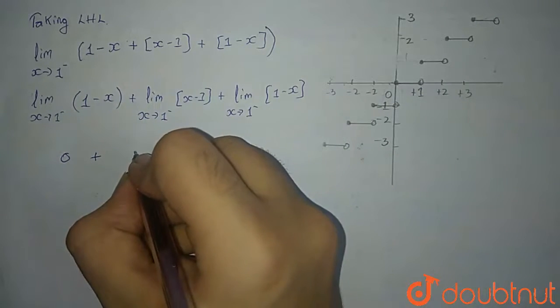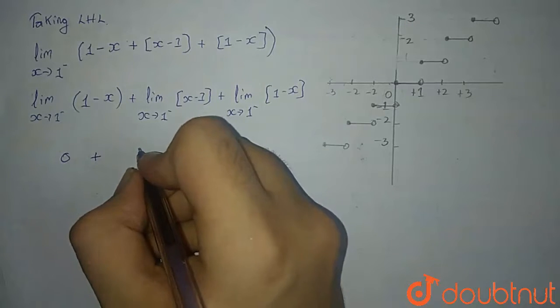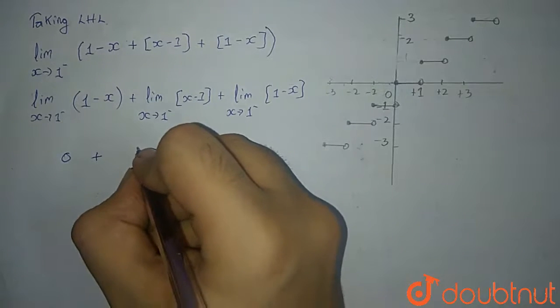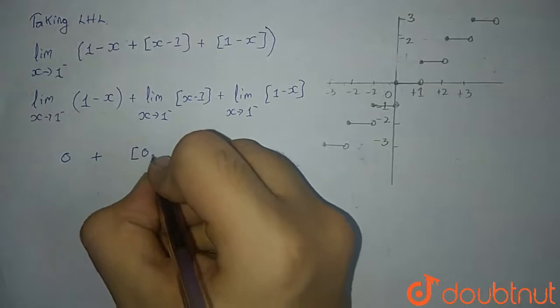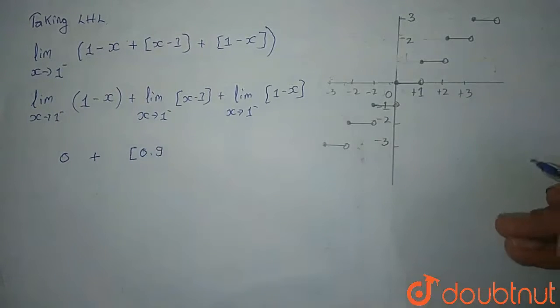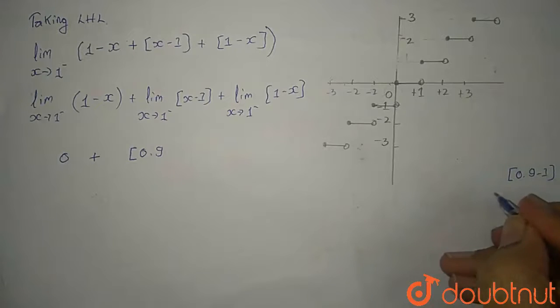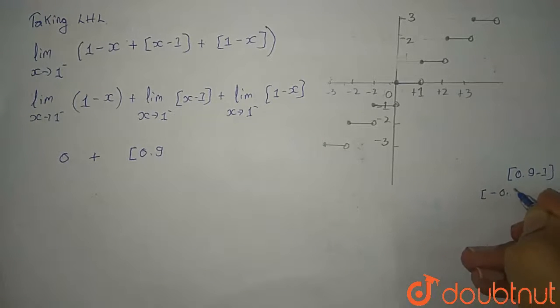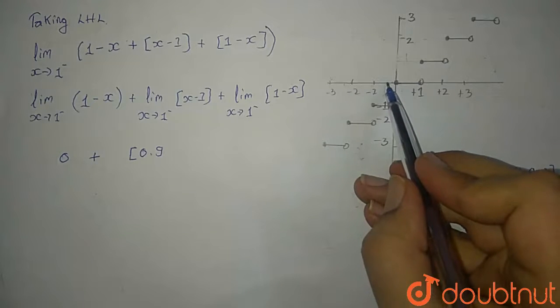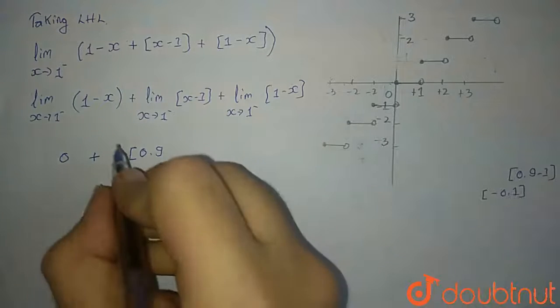If we take the value as 0.9, we will get 0.9 minus 1, which is minus 0.1, and the greatest integer of minus 0.1 is minus 1.